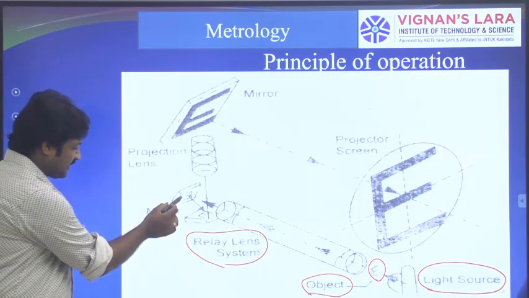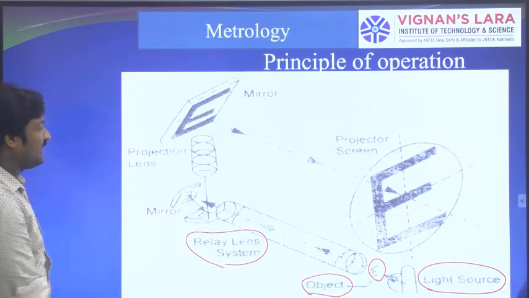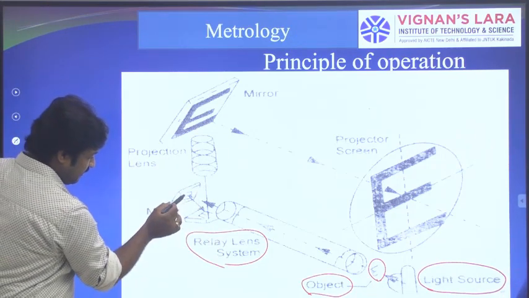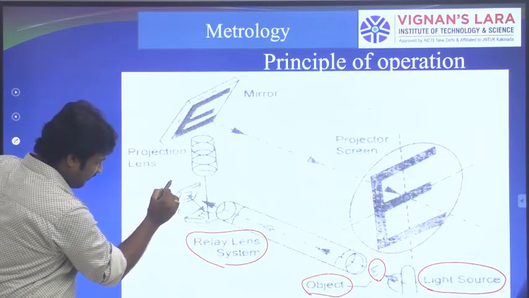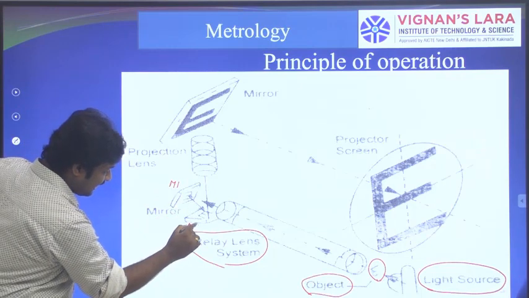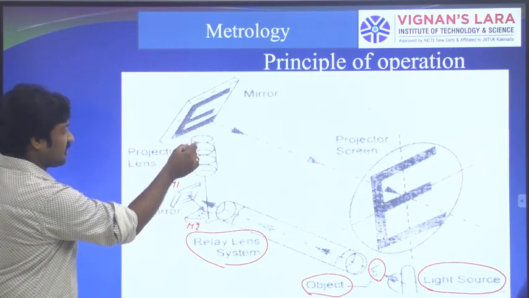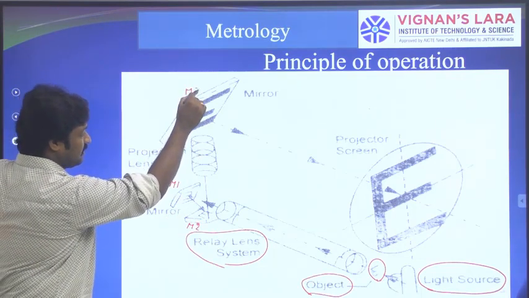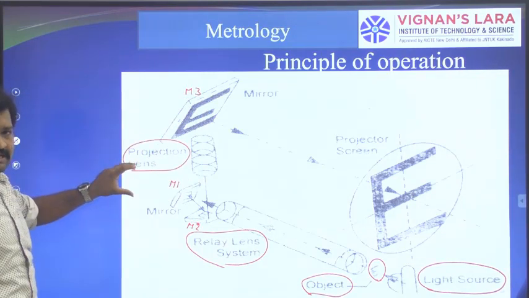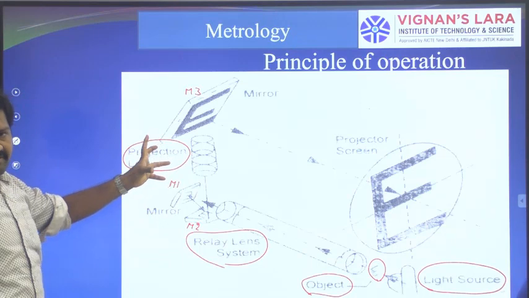The light ray is tilted and falls on mirror 1, is reflected to mirror 2, and then to mirror 3 by means of the projection lens, which magnifies the image.